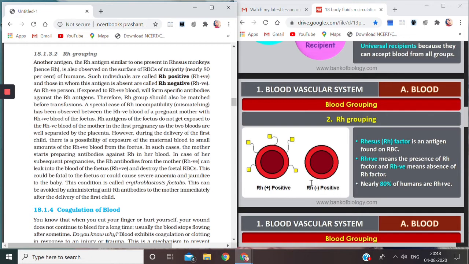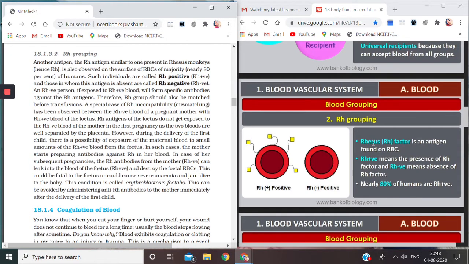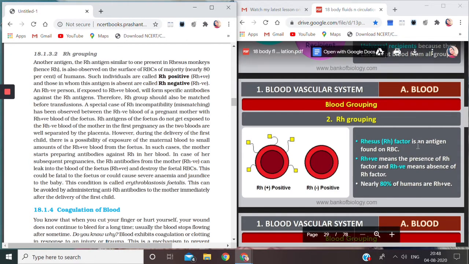Mistakes are always there. We are humans, no issues. But I hope you understood this is Rh positive and this is Rh negative. So if the Rh antigen is present, Rh positive, and if absent, Rh negative, and nearly 80% of the human population is Rh positive.